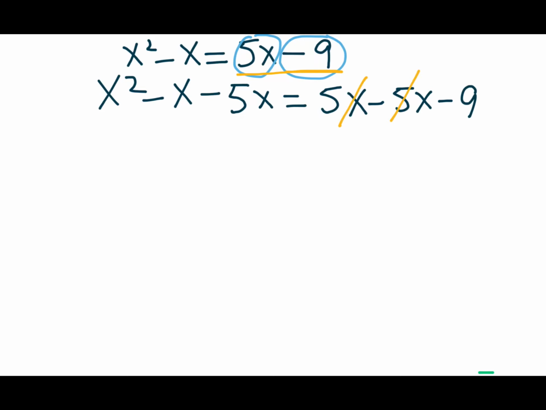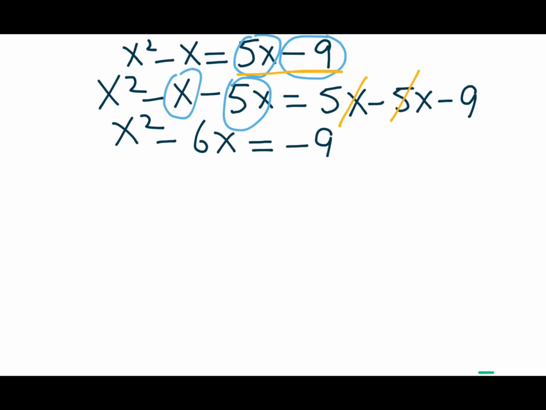5x and minus 5x cancel out. Now minus x and minus 5x are like terms, so this minus x and this minus 5x will be minus 6x, so x squared minus 6x equals minus 9.